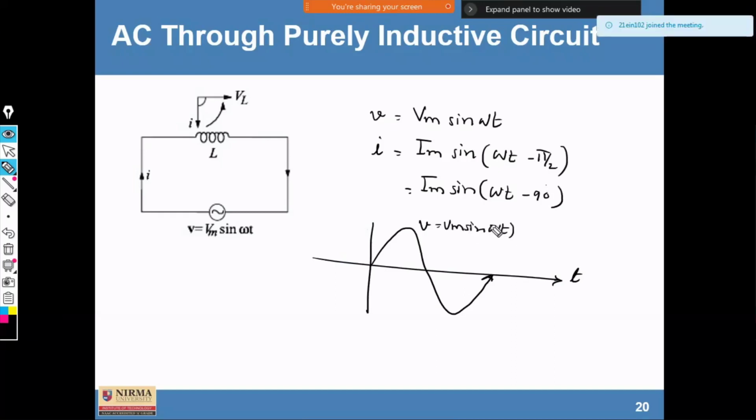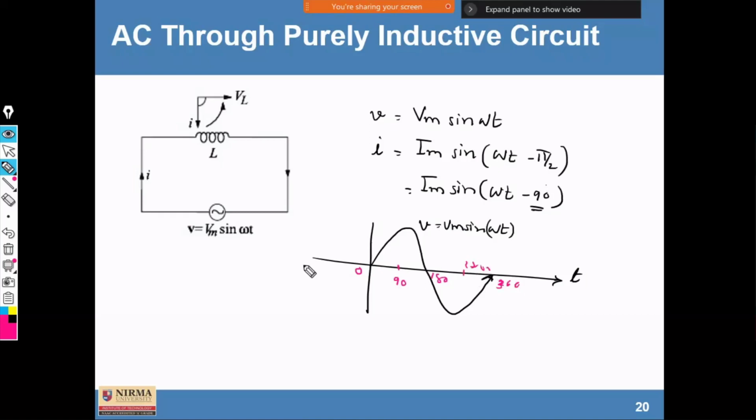And what about the current? Current has a 90-degree lag. The minus sign represents that it is a lag. So we can plot the graph of current i at 90 degrees. So this is 0, 180, and 360, and here it is 270.